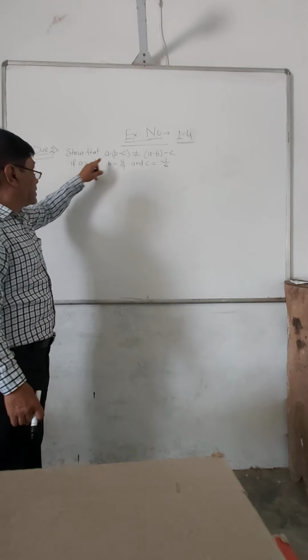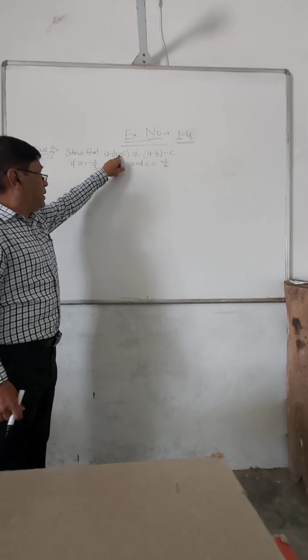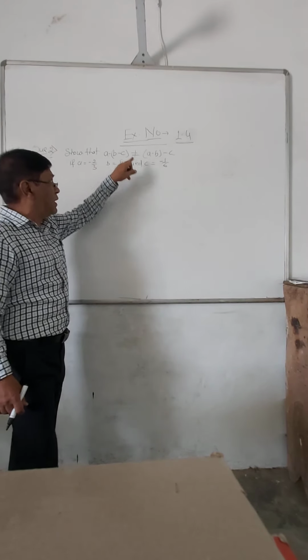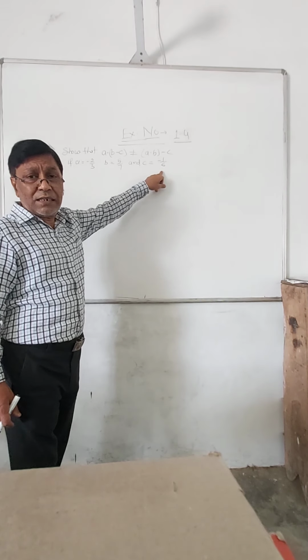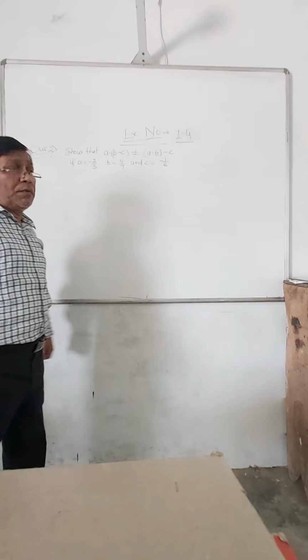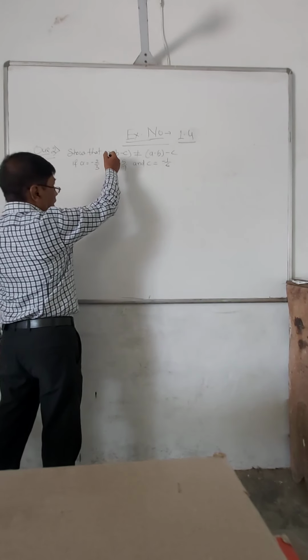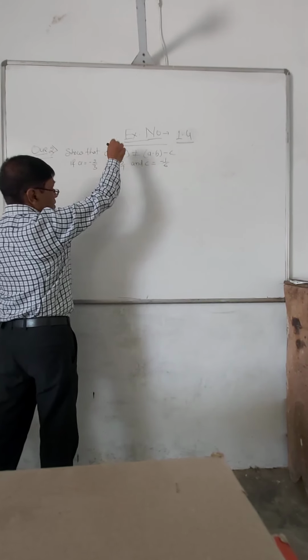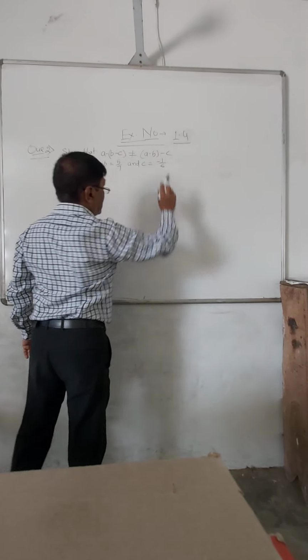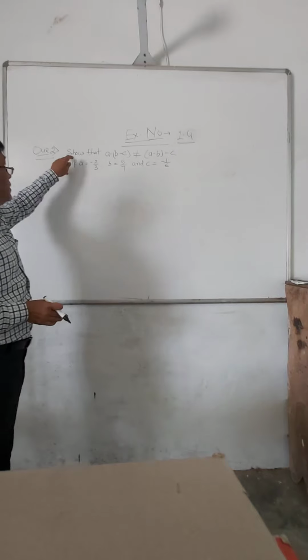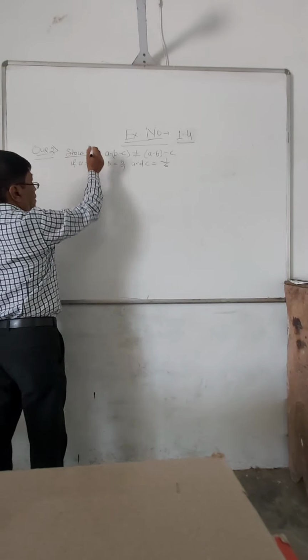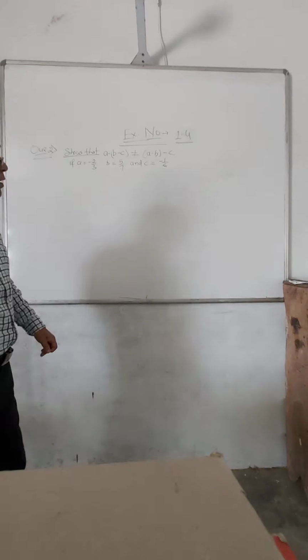And this also: if a is equal to minus 2 by 3, b is equal to minus 5 by 7, and c is equal to minus 1 by 6, in this case you also verify. In the same way, find out the value of a minus (b minus c) and (a minus b) minus c. In both cases, if it is not coming equal, then whatever you have to show is already proved.